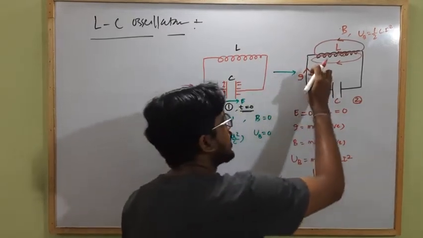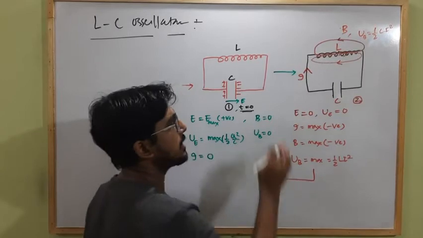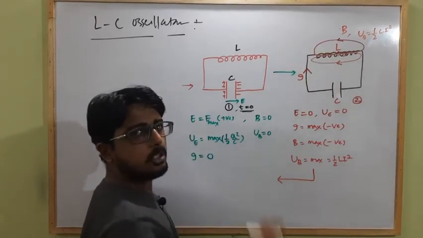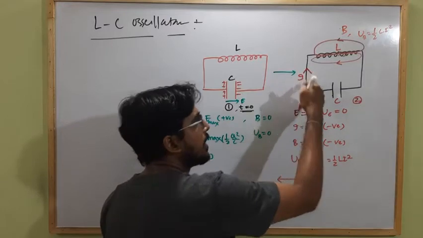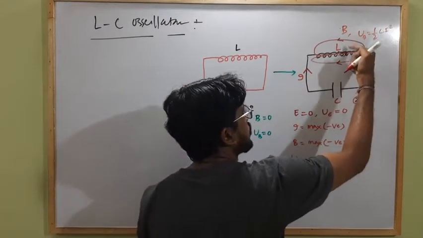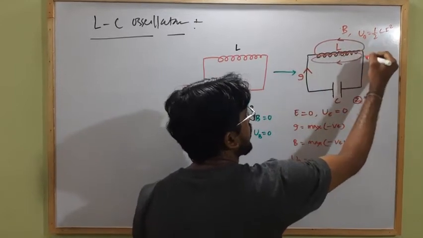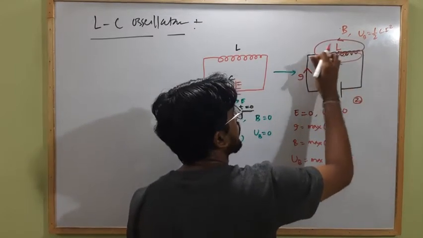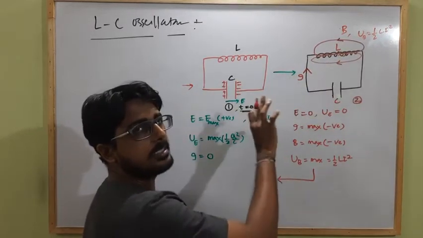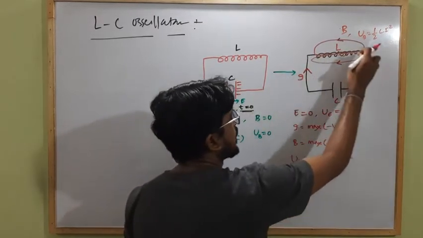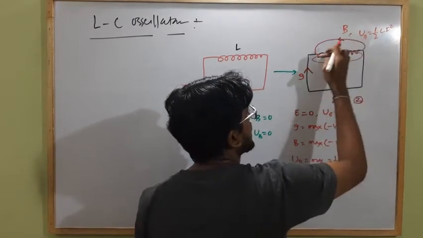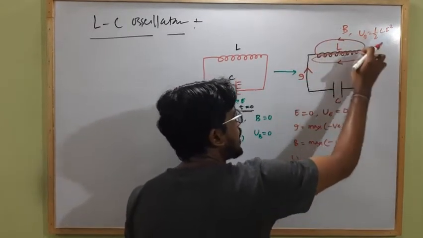So when the current through the inductor starts decreasing, the inductor wants to oppose the decrease in current along this direction. That's why it uses its energy to continue the flow of current along this direction, because it opposes the decrease in current along this direction.